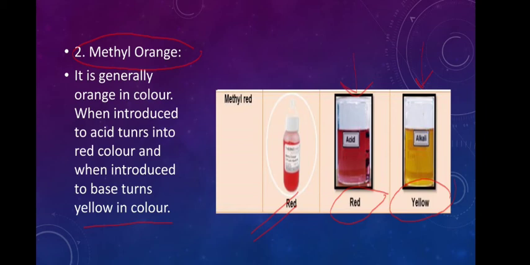Add some warm water. Don't take boiled water, right? Be careful. You will do this under the guidance of an elder one. Then only do it. Don't do it alone. Keep the mixture for some time till the water becomes colored.